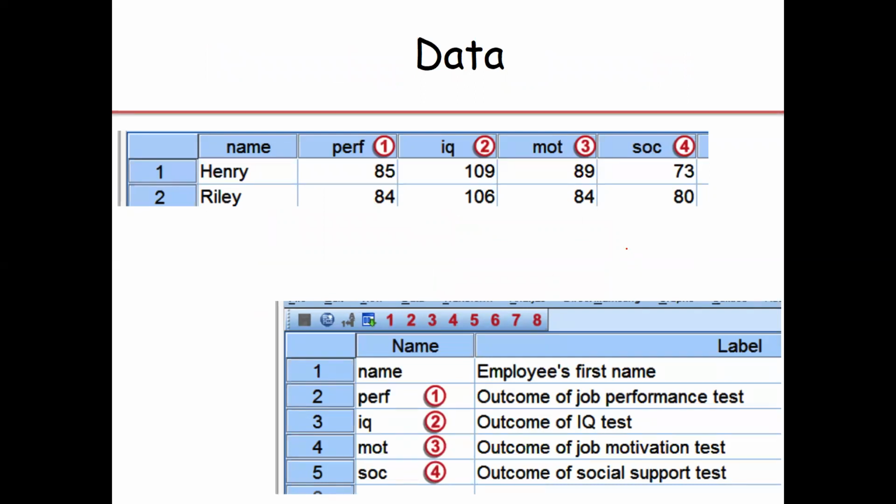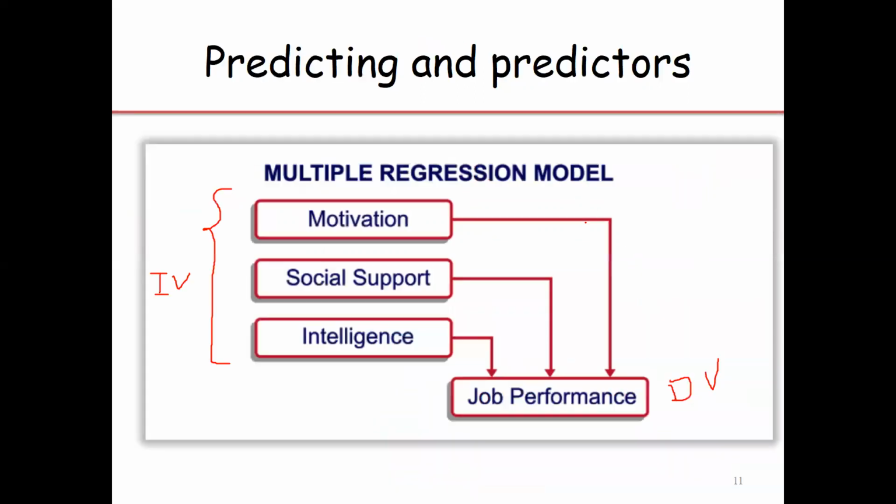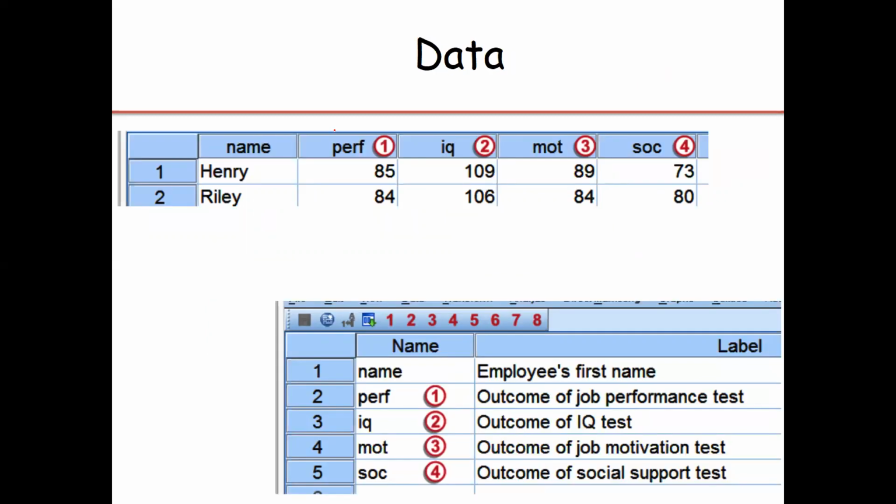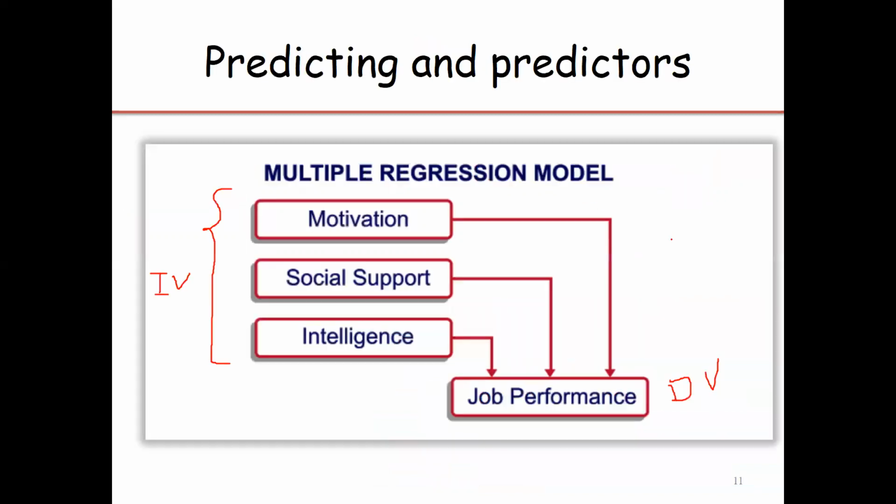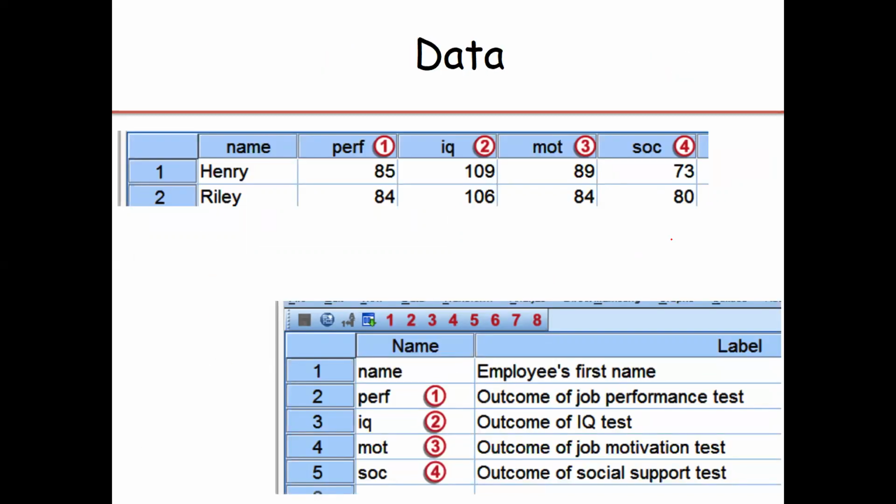In the data file, we have four variables. The first variable is performance. The second variable is IQ. The third variable is motivation, MOT. SOC is the social support.